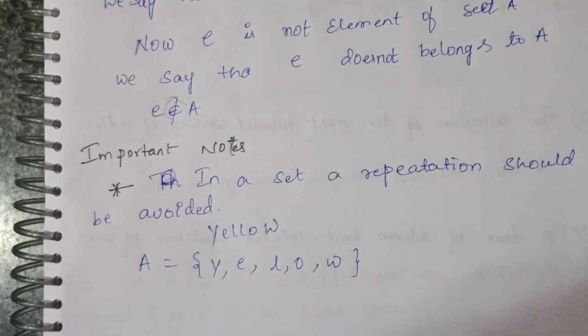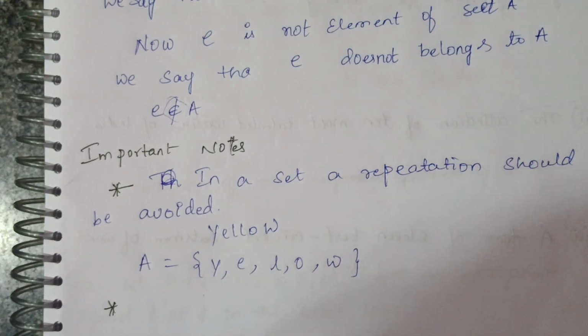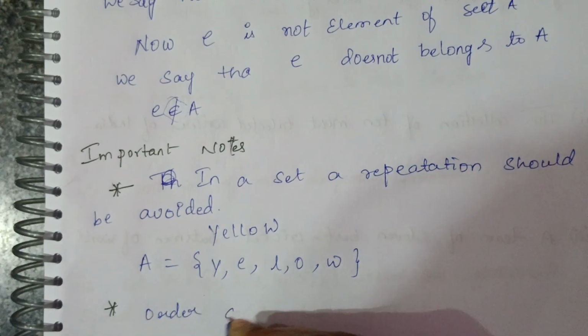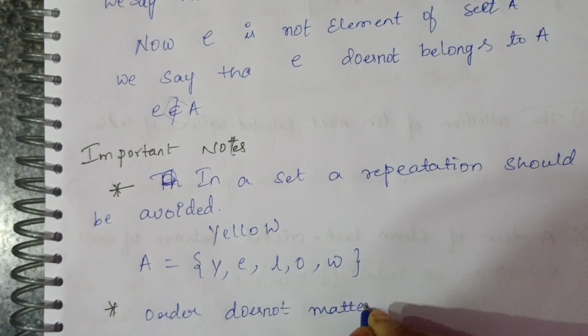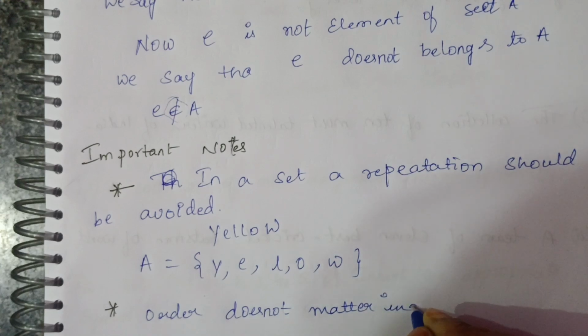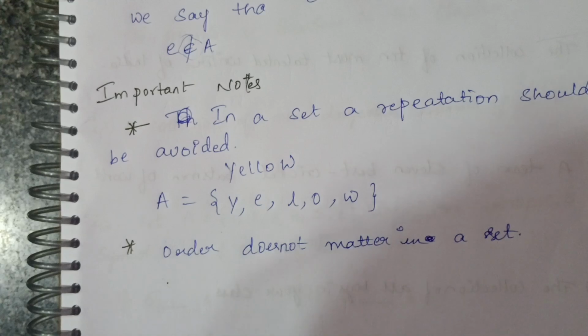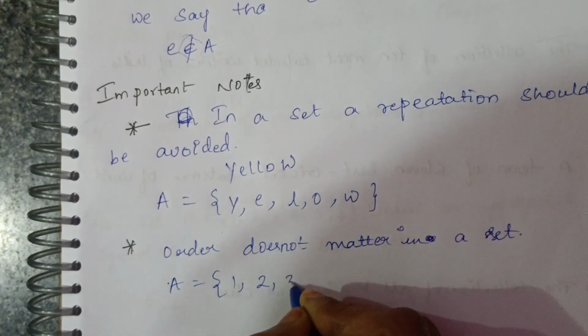Now one more point is, in a set order does not matter. Order does not matter in a set means, now we will write A equals 1, 2, 3.